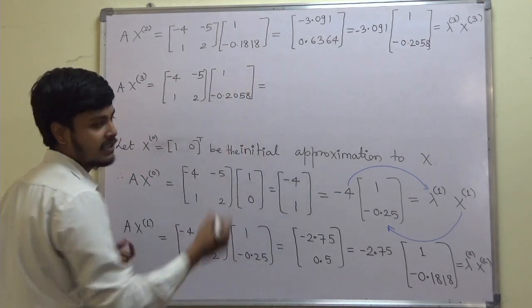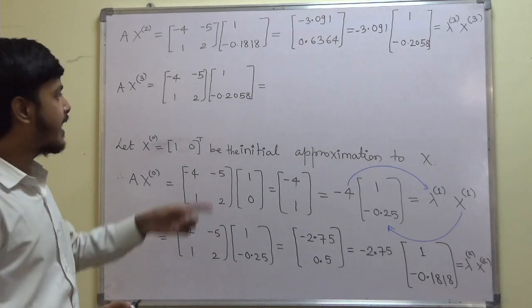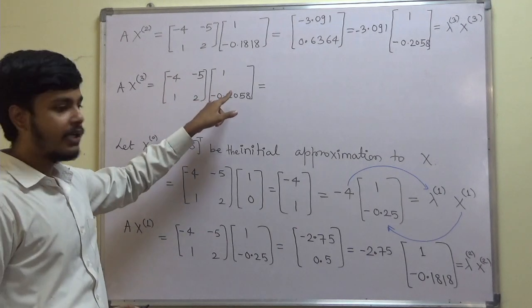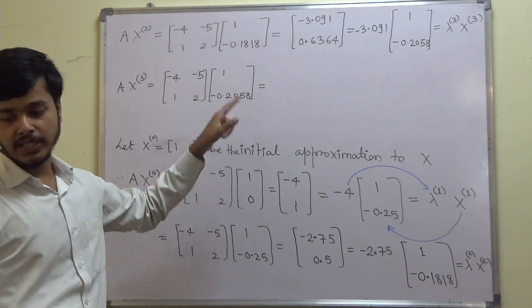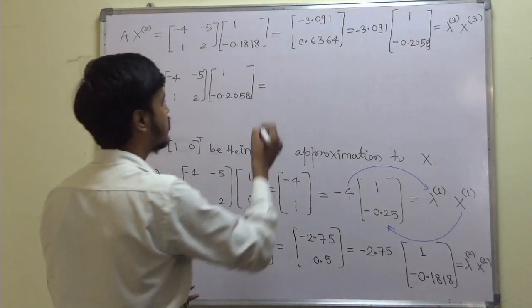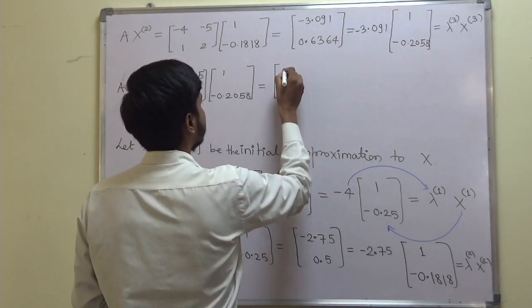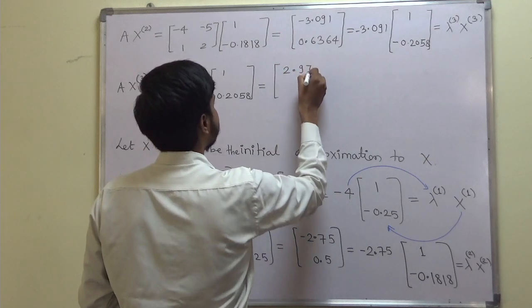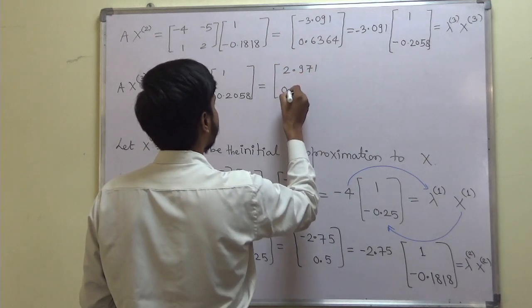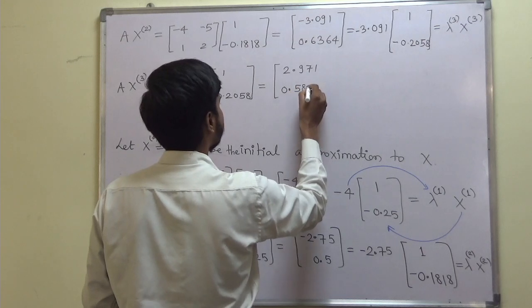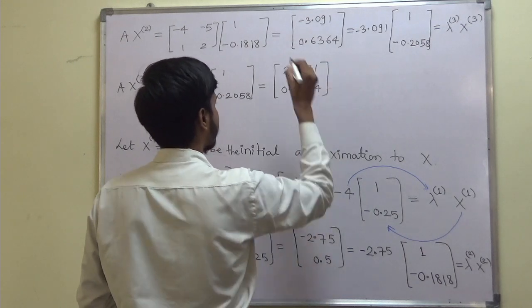So when you solve this, minus 4 minus 5, 1, 2, operating on 1 minus of 0.2058, you'll be getting 2.971, and here I will be getting 0.5884.